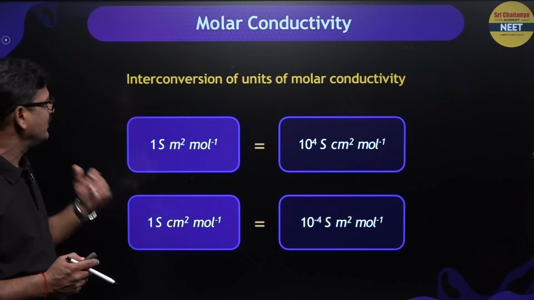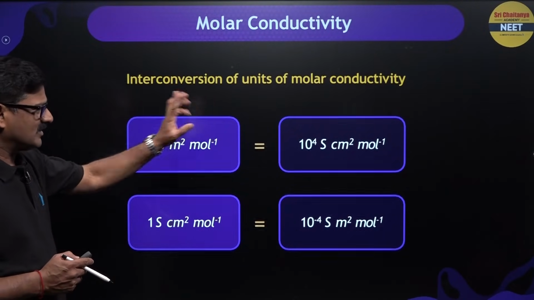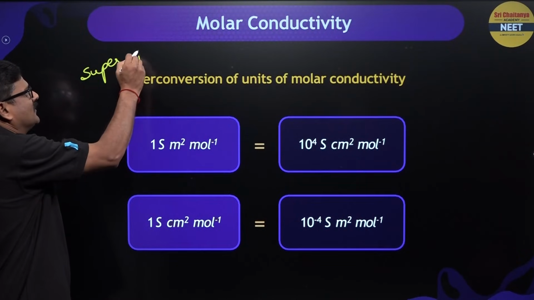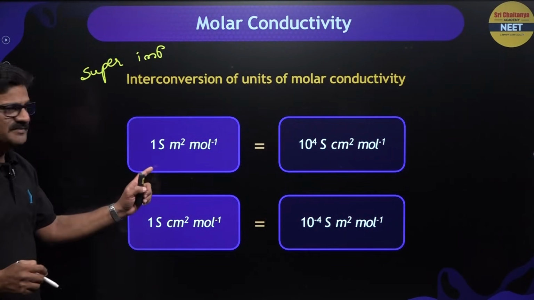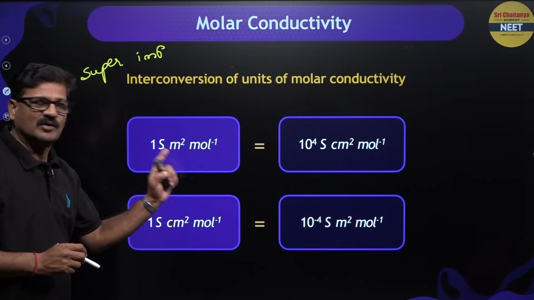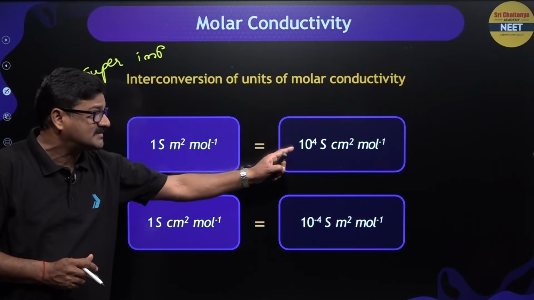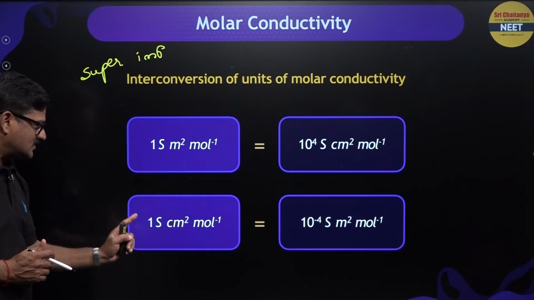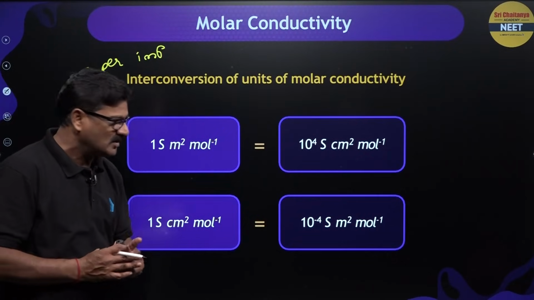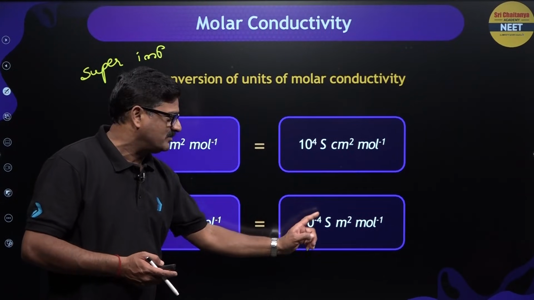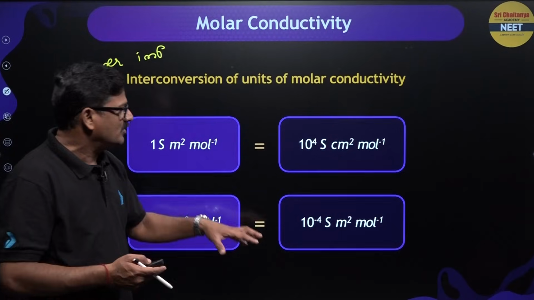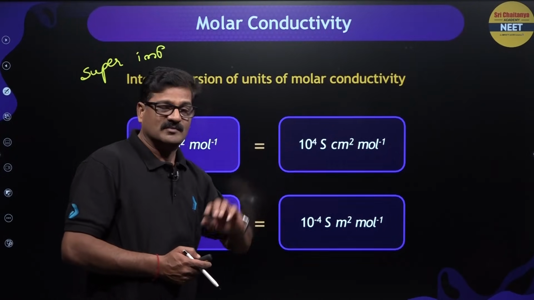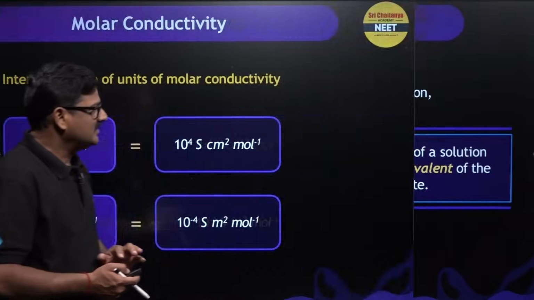Moving ahead, interconversion of the molar conductivity. This is super important. 1 Siemens meter square mole inverse is equal to 10 raise 4 Siemens centimeter square mole inverse. So 1 Siemens centimeter square mole inverse is equal to 10 power minus 4 Siemens meter square mole inverse.